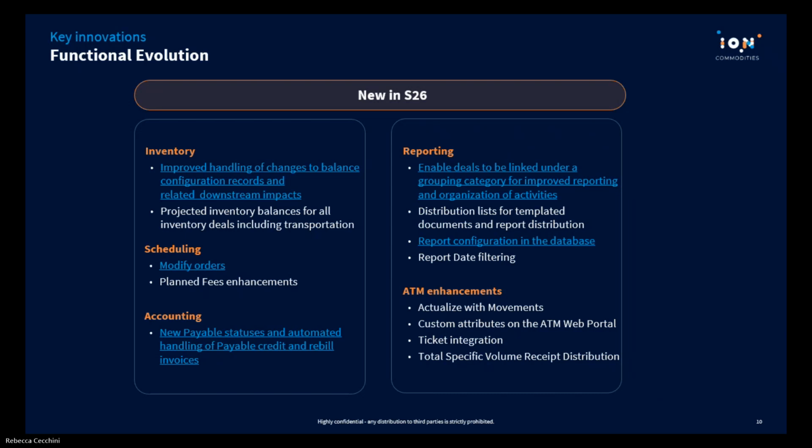That's the door that this functionality opens. And these deals are all still included in the strategies and portfolio functionality that exists in the system. But the S26 functionality provides a more direct connection and opens up more reporting, organizing, and analyzing options.